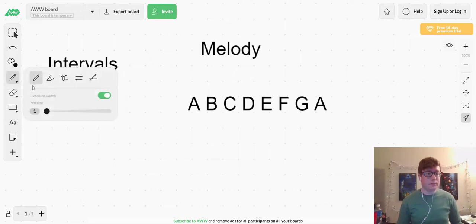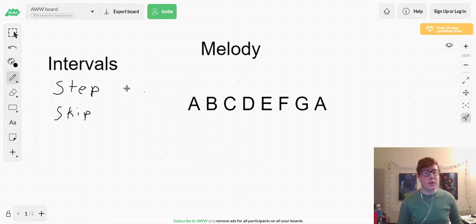Alright. So for steps, these are going to be directly next to the note that we start on. Let's say I start on the note D. Well, if we look directly next to it in either direction, we find our two stepwise notes: E and C, which are both stepwise.